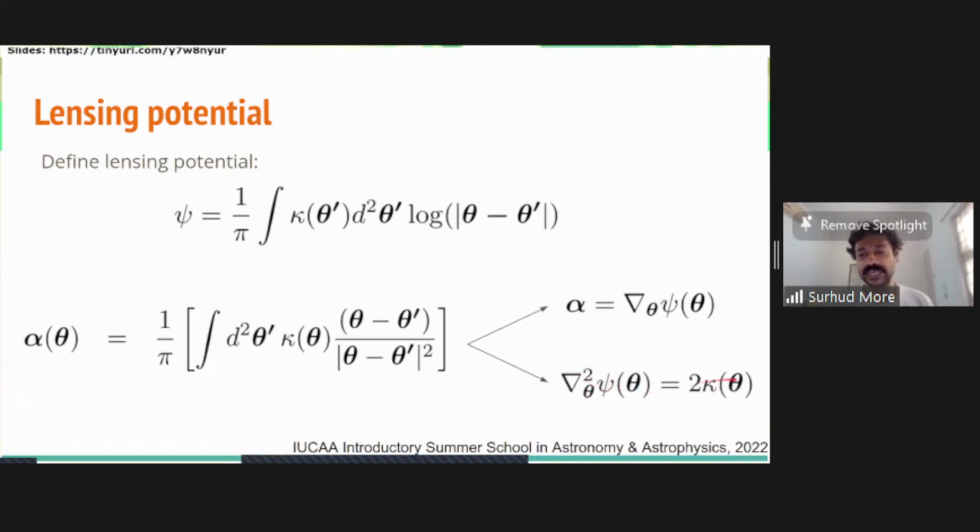So Laplacian of psi is equal to 2 kappa. This is like the Poisson equation, but in 2 dimensions. And then if you want to calculate the deflection angle, the equivalent thing is the force. And so you have to take a gradient of the potential. So here you are taking the gradient of the potential itself. Right? And so this is how you can simplify some of these calculations for the deflection angles also.